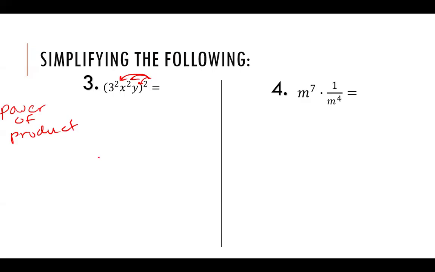So that leaves me with what? What's 2 times 2? So that leaves me with 3 to the 4, x to the 4, and y to the 2.